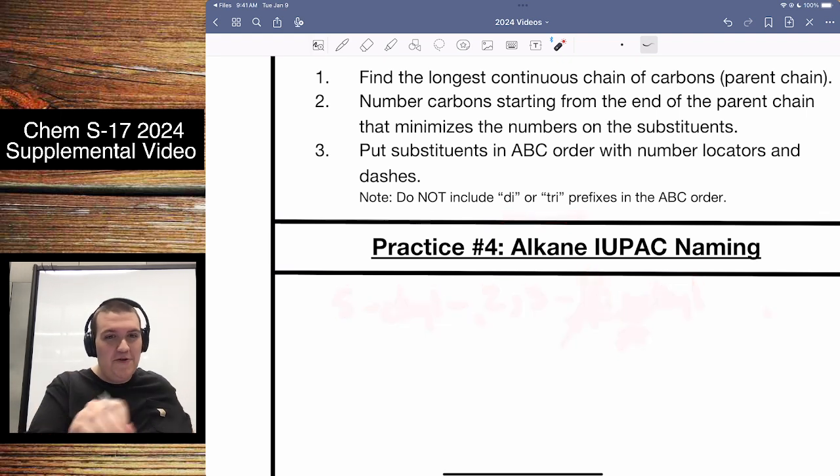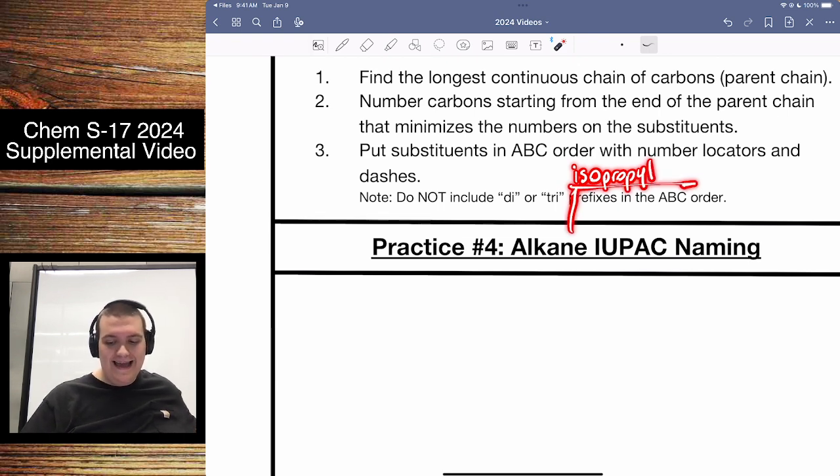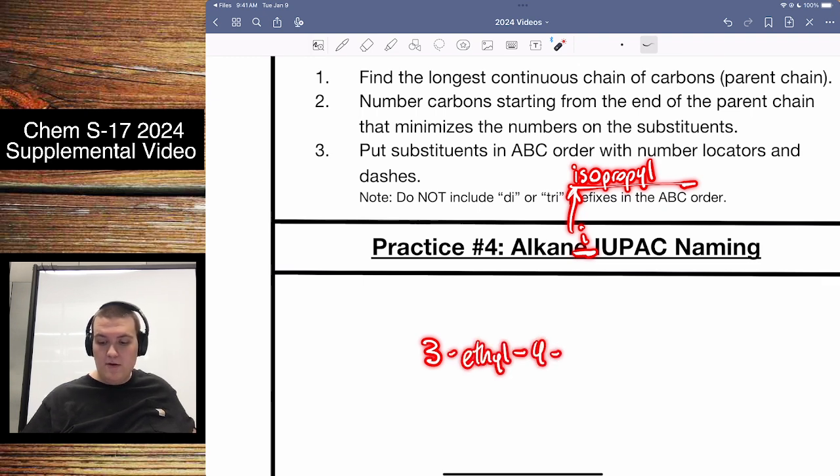One other further really confusing thing is for prefixes like iso, like isopropyl. For isopropyl, you would include the I in the ABC order, and it would not be the P. And so, for example, it would be like 3-ethyl, 4-isopropyl, 5-methyl.